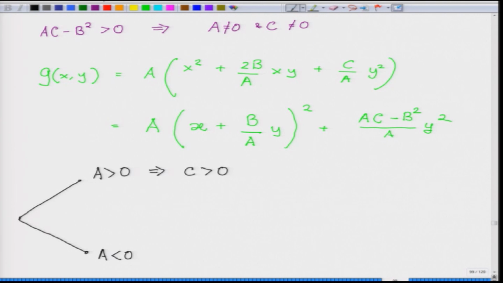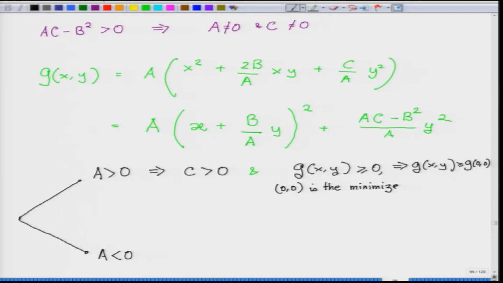So when I have c strictly bigger than 0, ac minus b square is strictly positive and a is strictly positive, you have g(x,y) this whole thing is greater than or equal to 0, which implies g(x,y) is greater than or equal to g(0,0). So, (0,0) is the minimizer.